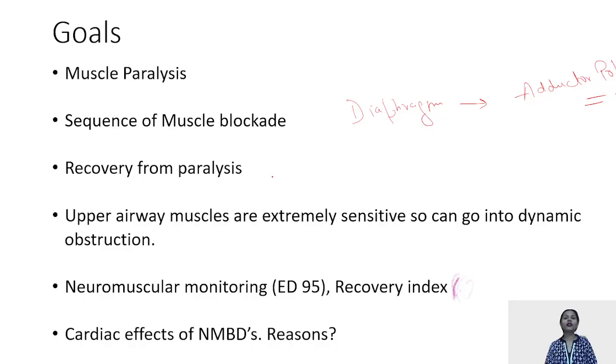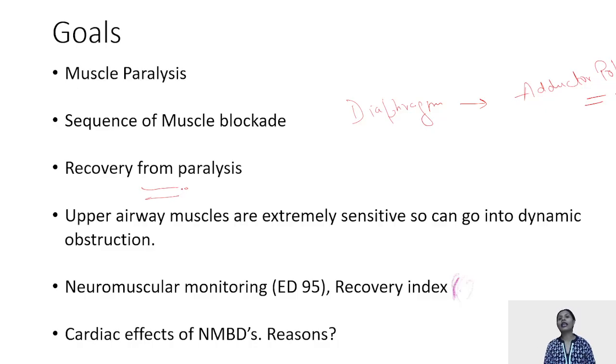The first is the diaphragm and eventually your peripheral muscles, and in between come your pharyngeal, laryngeal, and orbicularis oculi muscles. Recovery from paralysis is always in the opposite direction to the sequence of the muscle blockade.